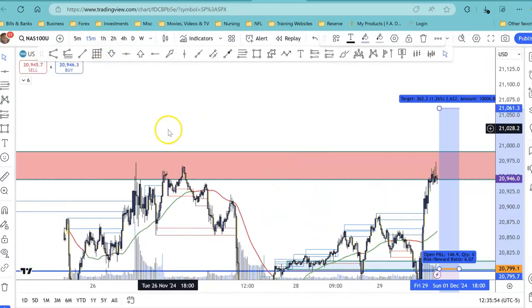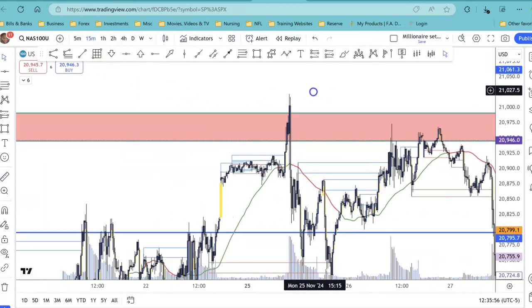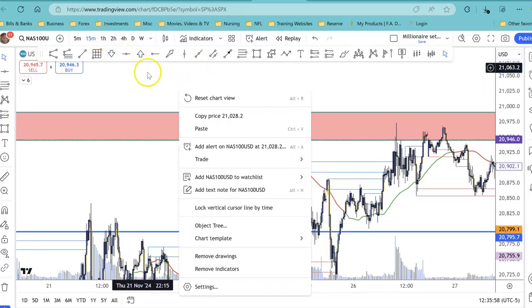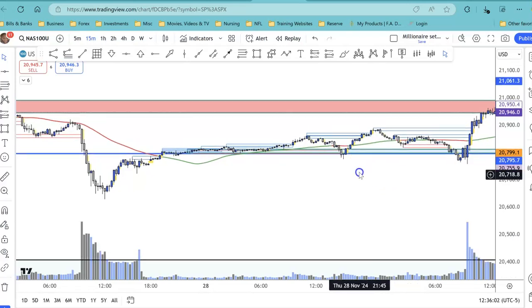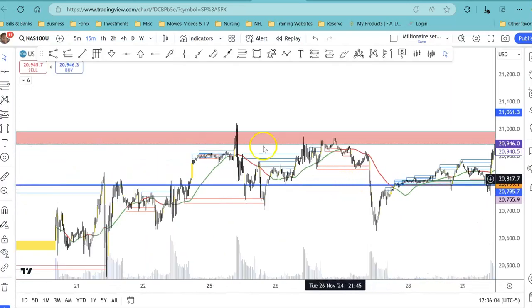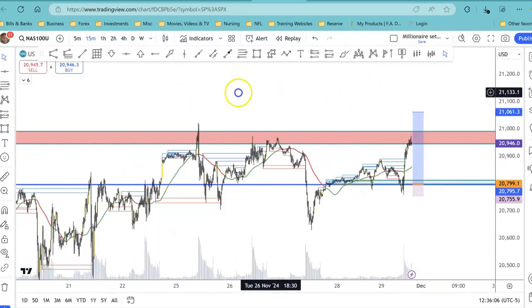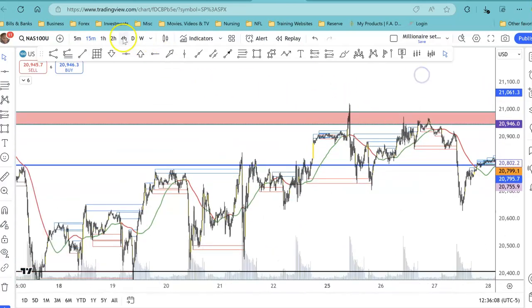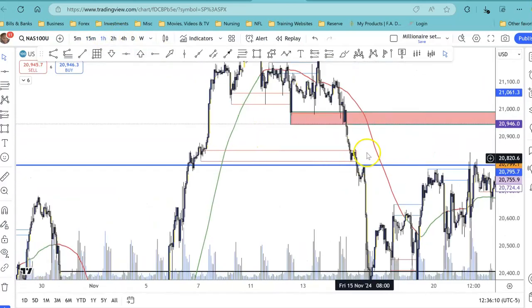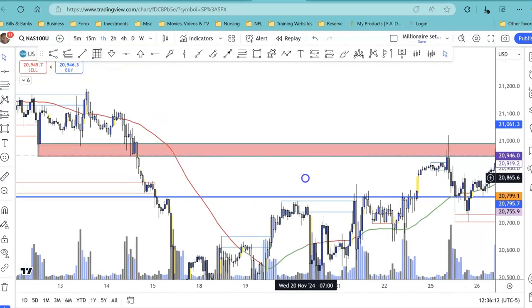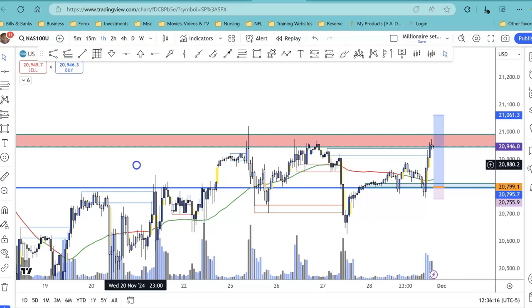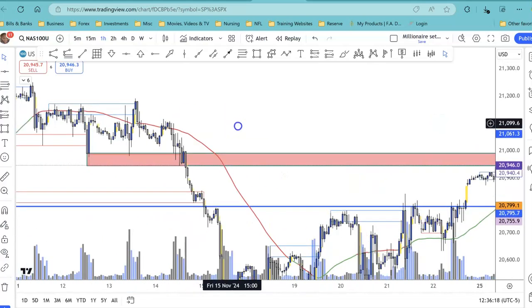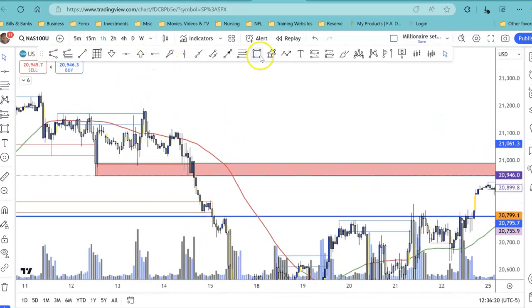Look left. Still, you're going to still use structure, FYI. You're still going to look left to make sure I'm not running into a big resistance zone, or is this a realistic target area. So for this, my next zone is up here on a 1 hour time frame.